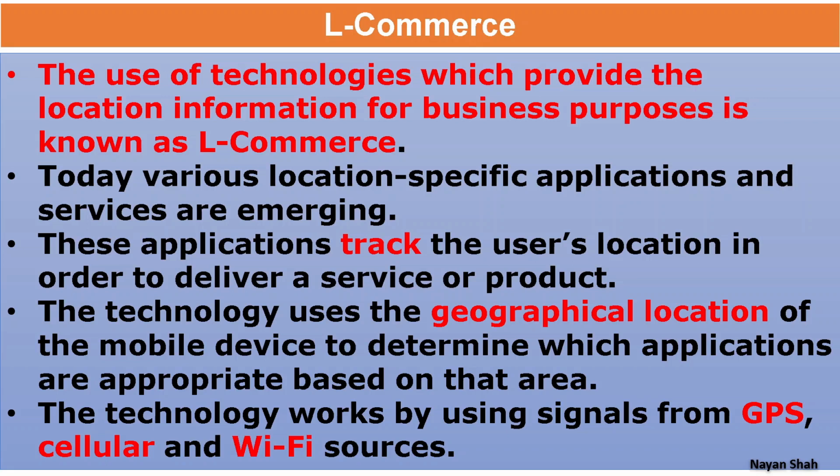The technology uses the geographical location of the mobile device to determine which applications are appropriate for that area. The technology works by using signals from GPS, cellular and Wi-Fi sources. So all these sources are used to provide the location of your mobile.